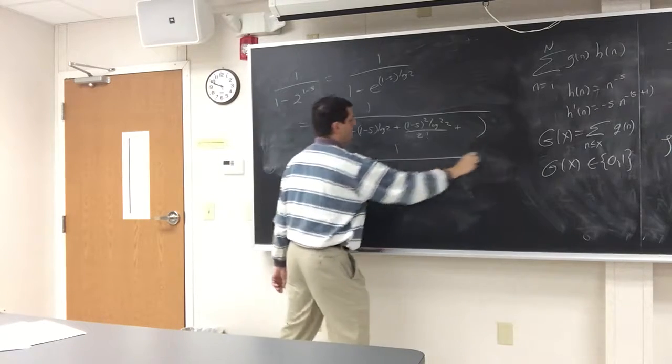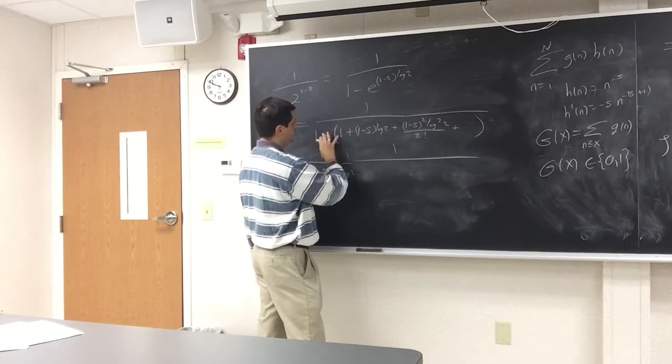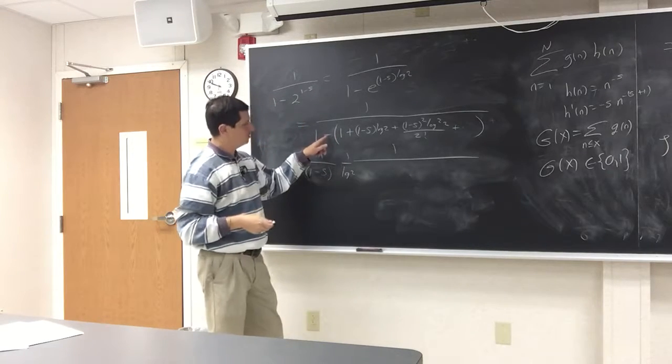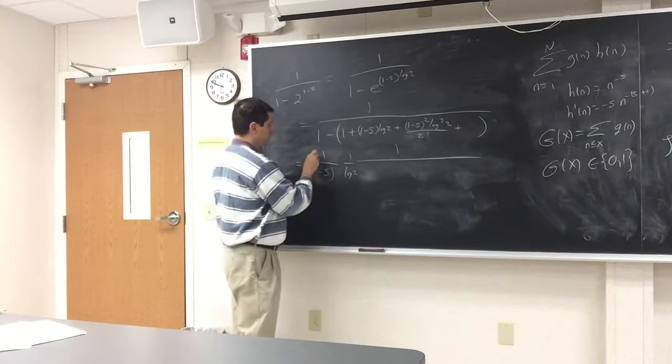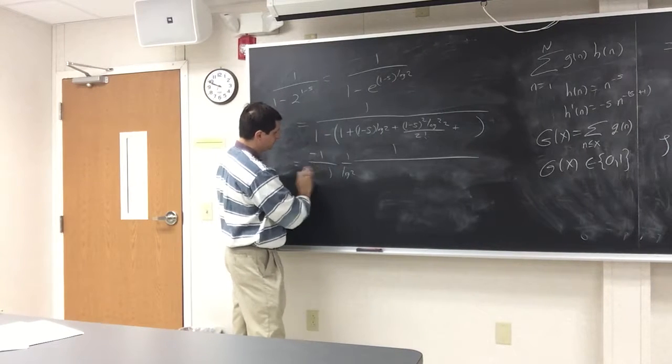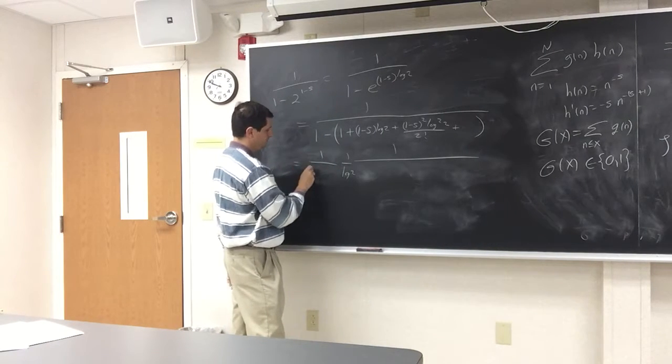And what I'm left with is 1 over, these cancel. I guess there's a negative sign that comes from this, so I'll pull out the negative sign as well. Oh, and the negative sign now allows me to write this as s minus 1.